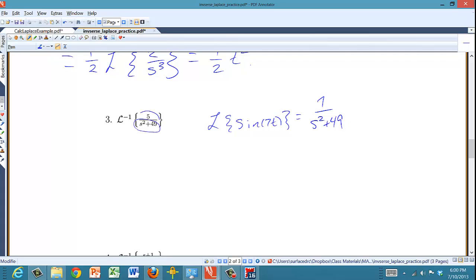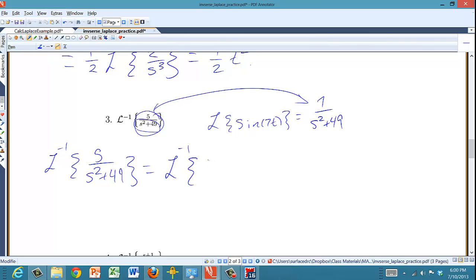So what am I going to do? I'm going to try and rearrange this thing to look like that thing by multiplying by a constant, because the constant can come out of the inverse Laplace transform. So the inverse Laplace transform of 5 over s squared plus 49, well, that's the same thing as the inverse Laplace transform of 5 over 7 times 7 over s squared plus 49.